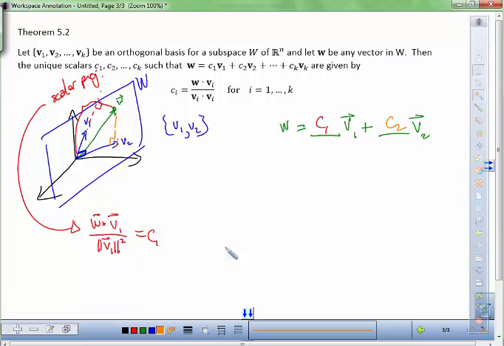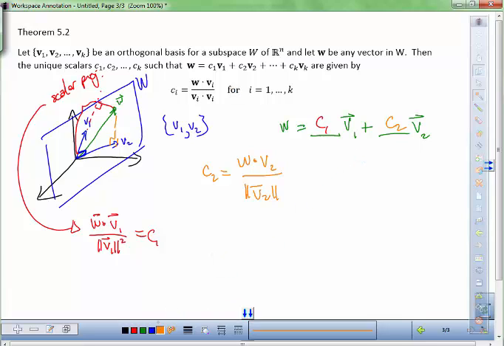W dotted with V2, divided by V2 dotted with V2, and then that's what you would get.